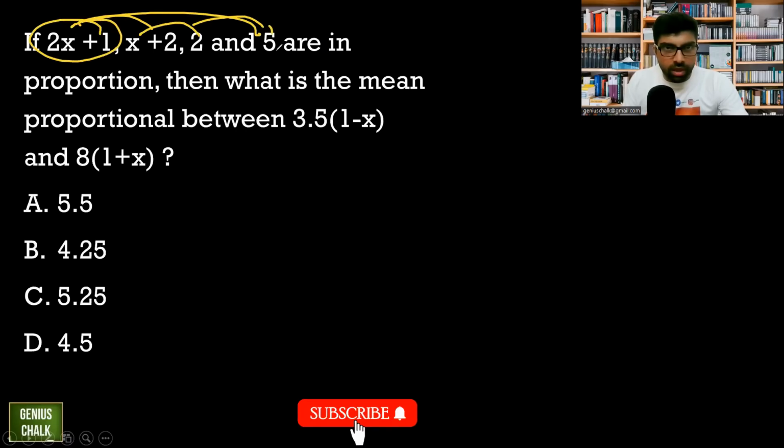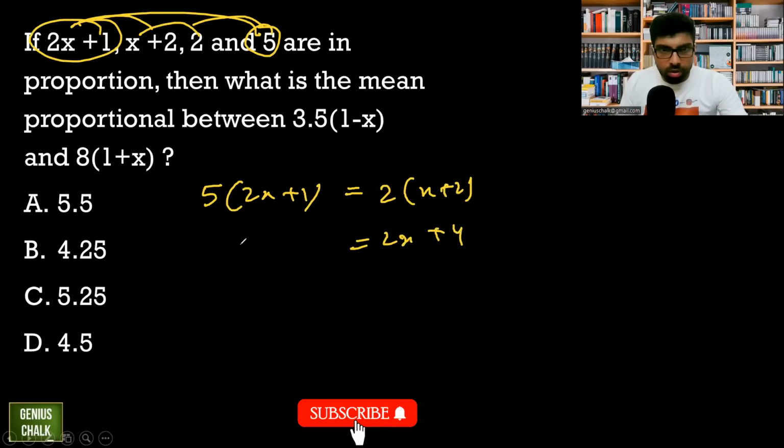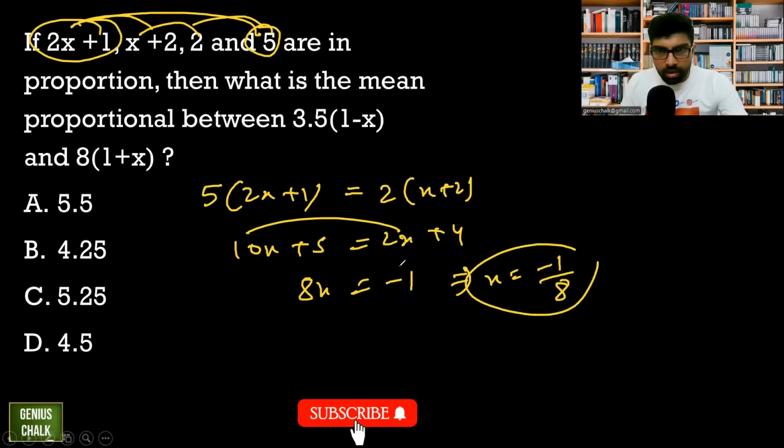So let's apply this. 5 into 2x plus 1 is equal to 2 into x plus 2. 10x plus 5 equals 2x plus 4. So 10 minus 2, 8x, equals minus 1. This implies x is equal to minus 1 by 8.